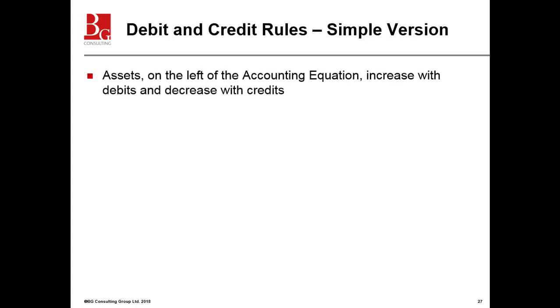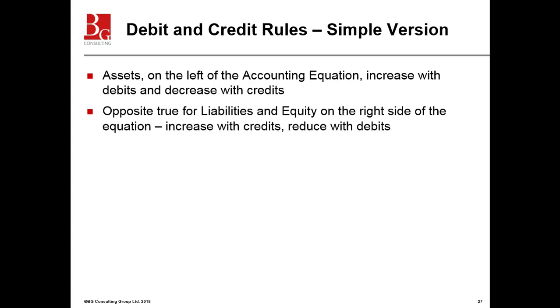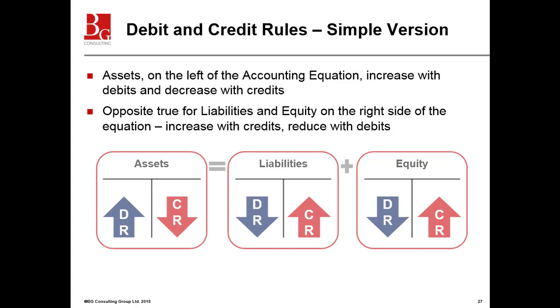Another way of looking at this is that assets on the left of the accounting equation increase with debits and decrease with credits. And the opposite is true: liabilities and equity on the right side of the equation increase with credits and reduce with debits. You can see that graphically below.